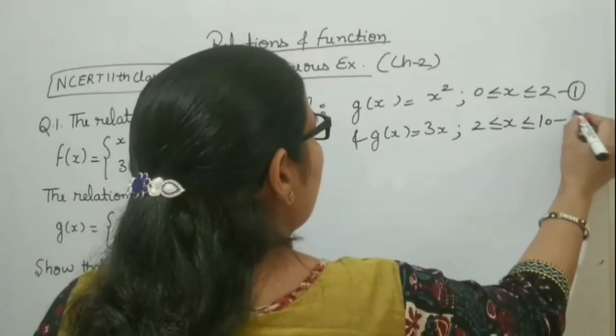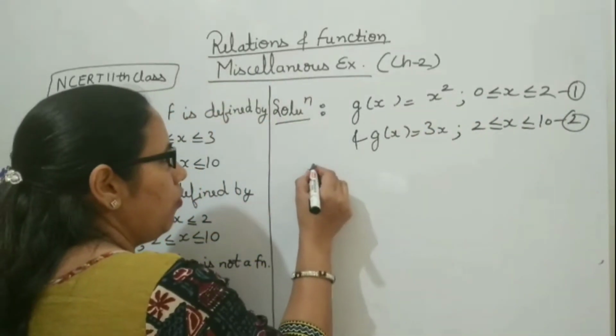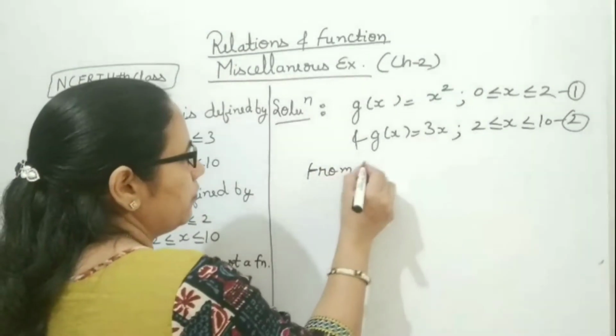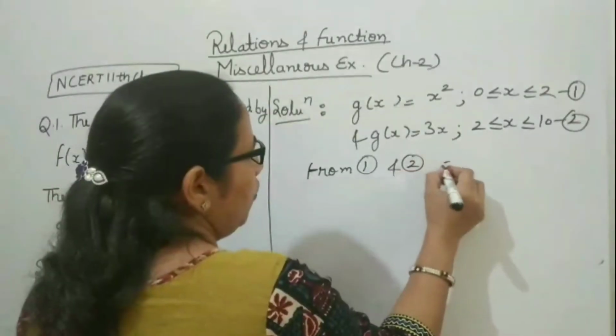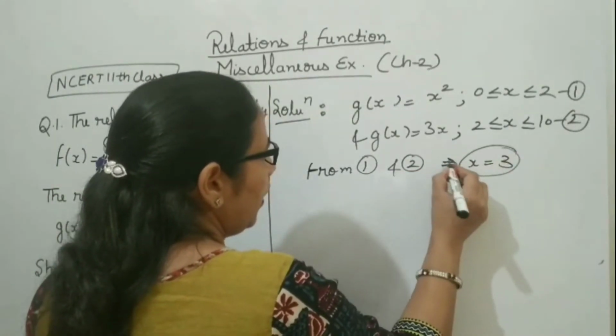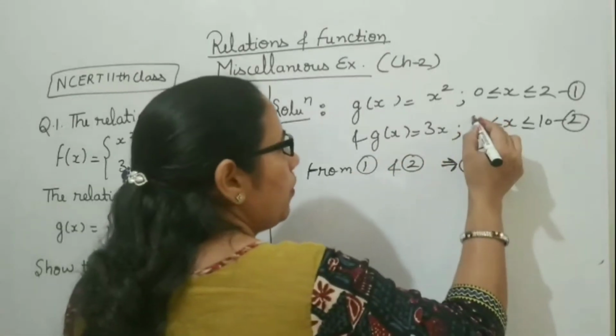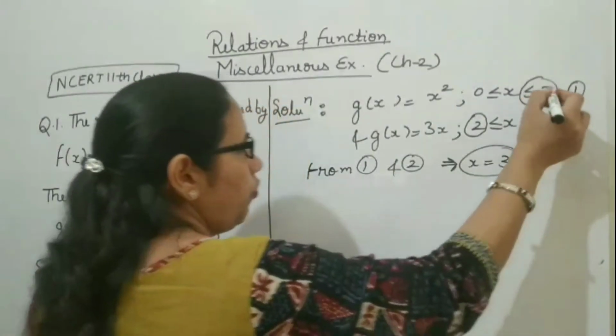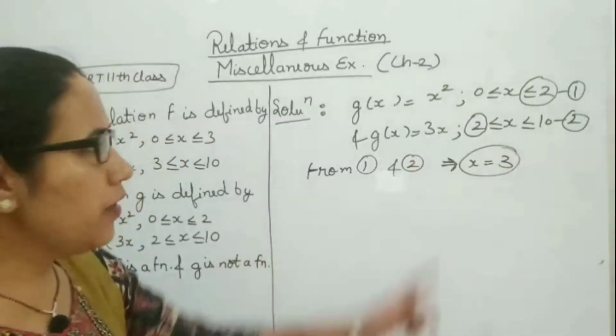These two equations are given for relation gx. Now from 1 and 2, your x is 3. Okay, and here common value is your 2 for both these relations defined in this domain.